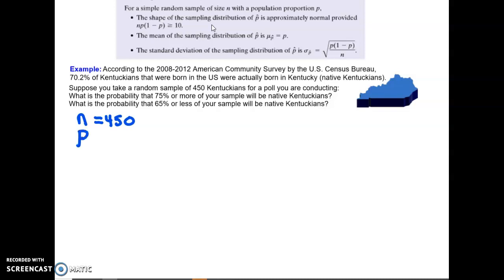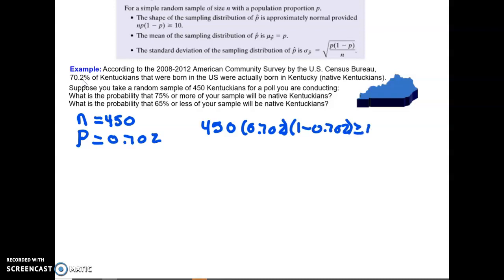P, the population proportion, will be equal to 0.702 that we see here. So this is going to give us 450 times 0.702 times 1 minus 0.702. That needs to be greater than or equal to 10 in order for us to work this problem.